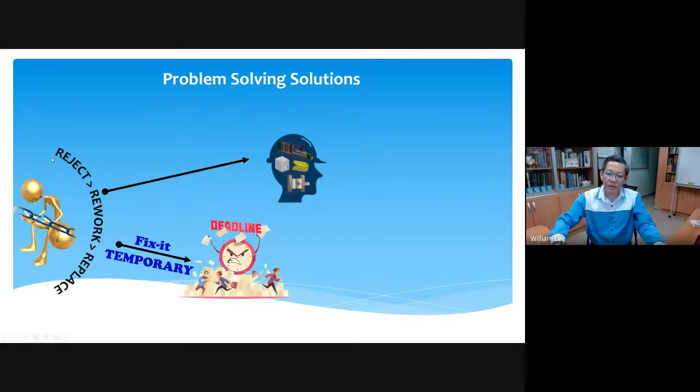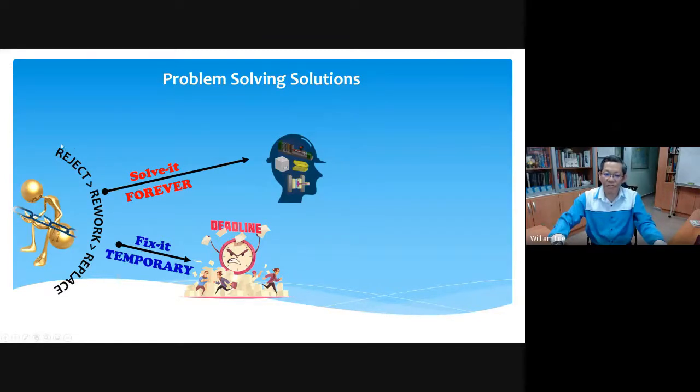From my observation, I find that the existing manufacturing culture is where people always entertain rejects. And then you have to rework, and then you have to replace them in time. This is just a temporary fix, okay? Which is not sustainable to me, because the problem still happens again. If you want to solve it forever, all right, then we have to change this 3R.